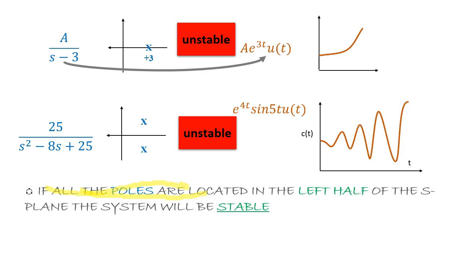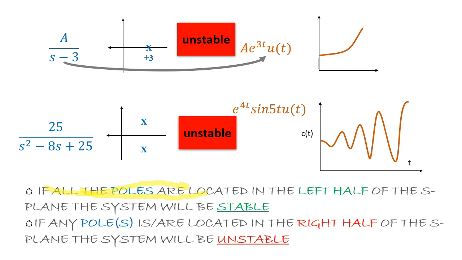If a single pole is on the right half of the S-plane, the whole system will become unstable. So all the poles should be on the left half. And another one: if any pole or poles, meaning single or multiple poles, are located in the right half of the S-plane, the system will be unstable.